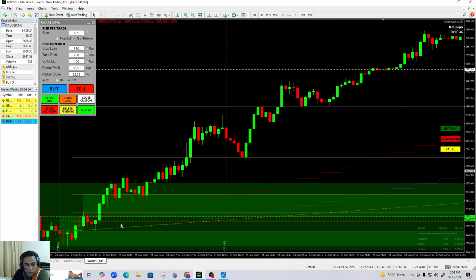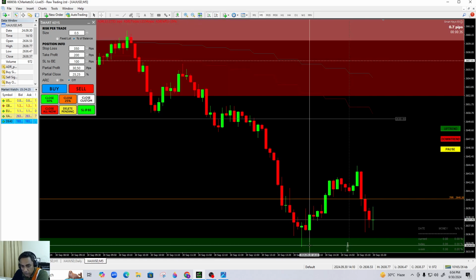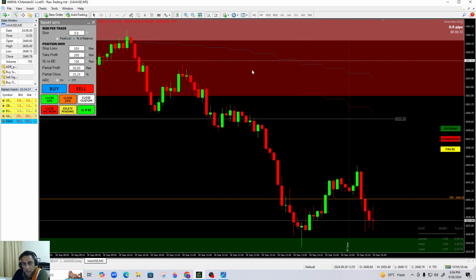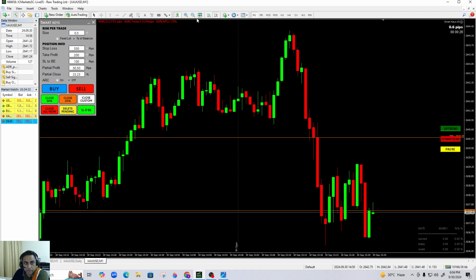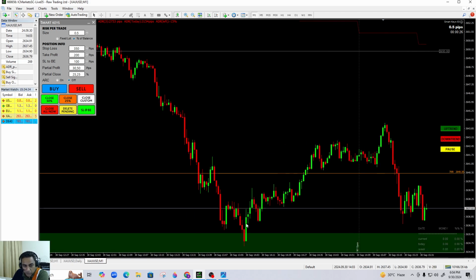Okay, so I've got my levels marked. That's the kind of area I'm waiting for price to come anywhere inside here. We are getting very close. We're about 40 pips away. We are coming to this low. Price should easily take out that low, as I said. Yeah, so this low is basically 2635.